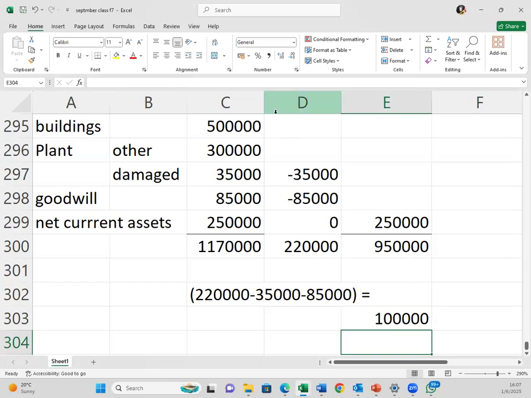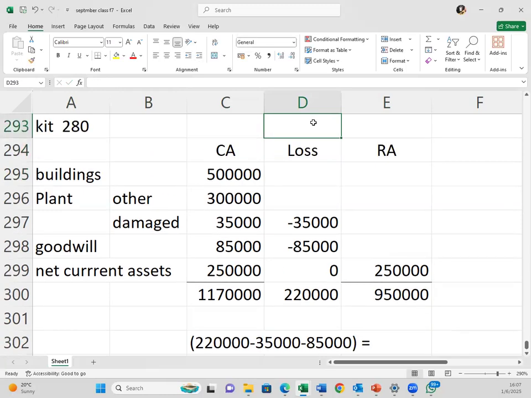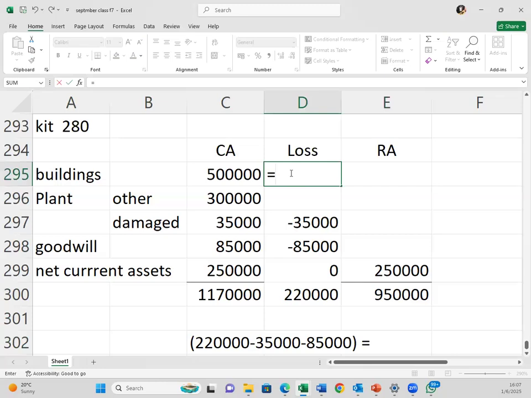So the 100,000 is then going to be shared among the buildings and other plant. The buildings and the other plant is 500,000 plus 300,000, which is 800,000. So for building, you'd say 500,000 over the total, which is 800,000, times 100,000.